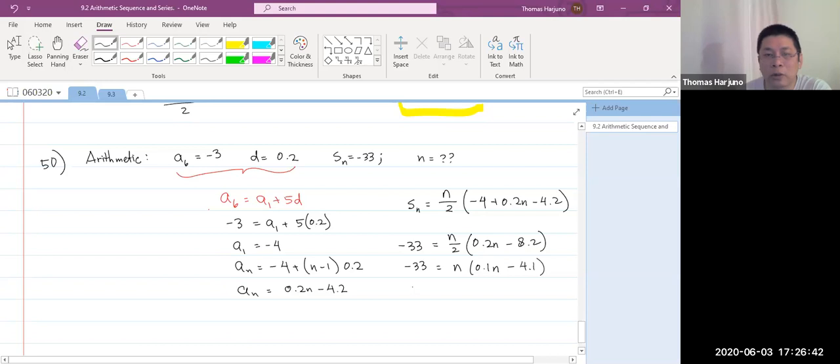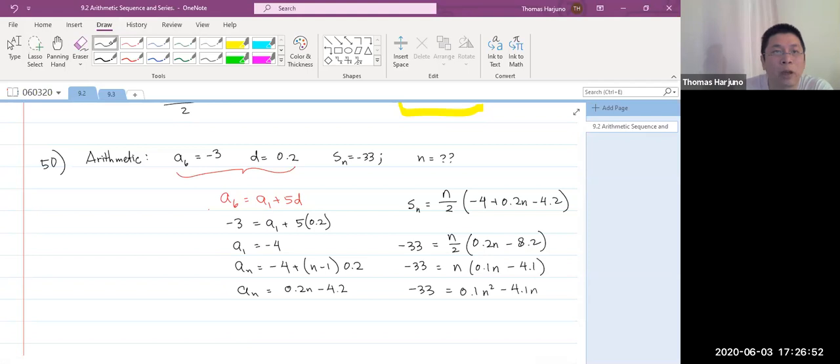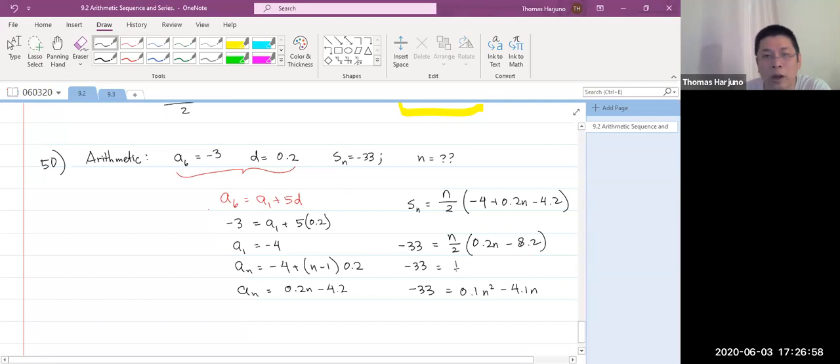Okay, so actually now you see it forms a quadratic equation. I just multiply them first instead of dividing by 2. This is 1/2 times 0.2n squared minus 8.2n. Hope it's better now. And then I need to solve this.